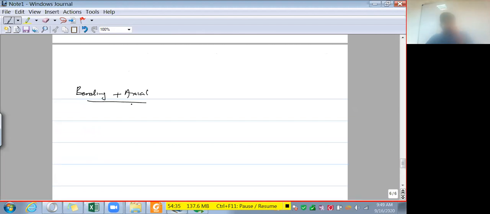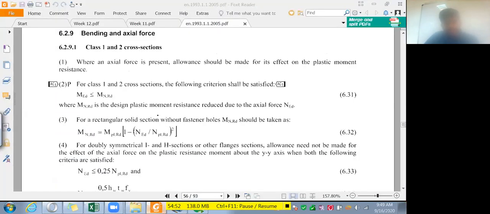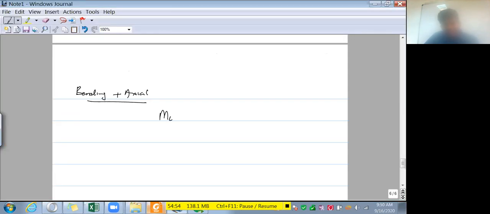When you have these two forces acting, the axial force acts along the entire length, so you might have the effect of both. In such a case, your MEd should be less than or equal to MN,Rd.